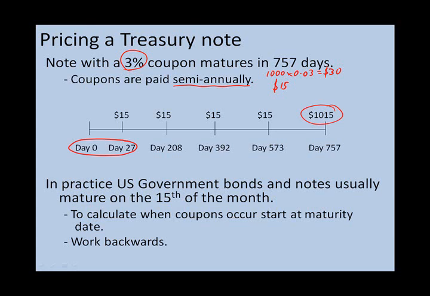Now, in practice, US government bonds and notes typically mature on the 15th of the month. So when you want to calculate when the coupons occur, what you have to do in reality is start at the maturity date, which will be the 15th of a certain month, and from there you can work backwards to find out which day coupons are paid.